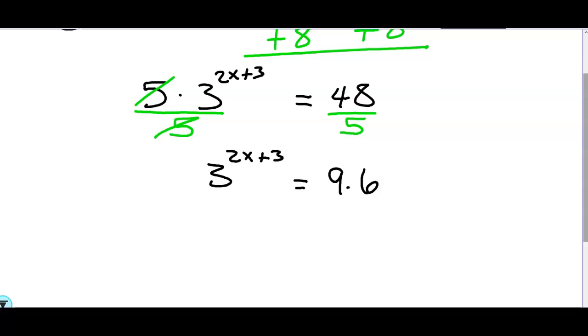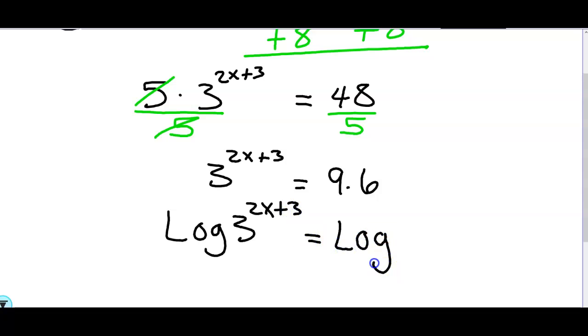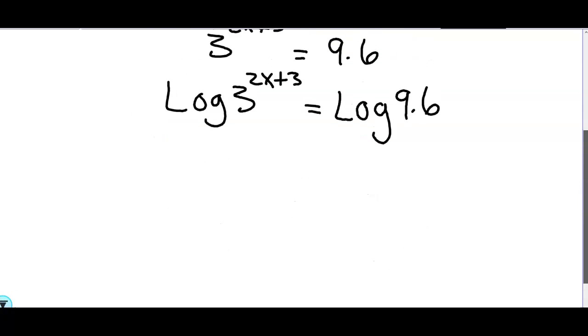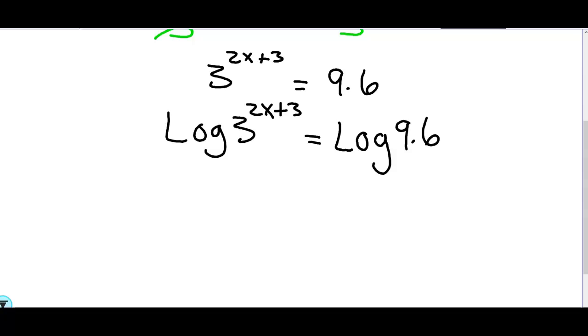We're going to log both sides. Next person I shall come to will be Giovanni Ramos. What's next? So we're going to take that exponent, we're going to put it in the front.